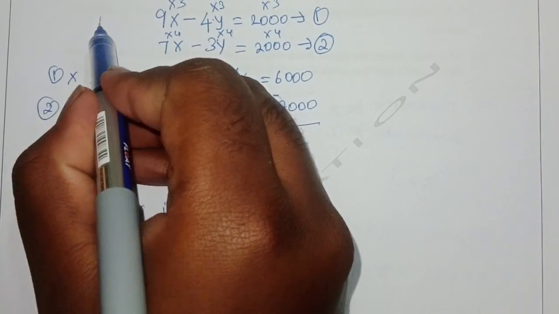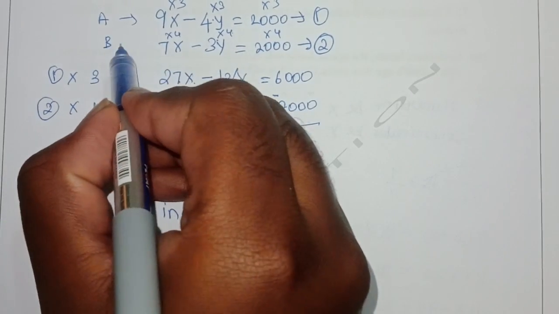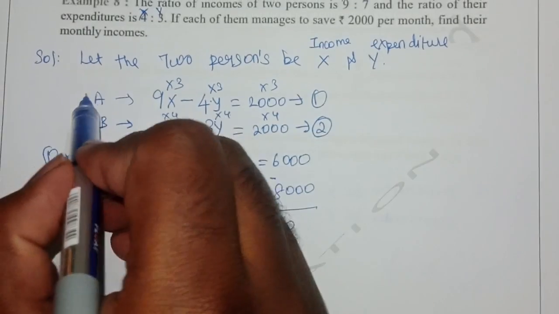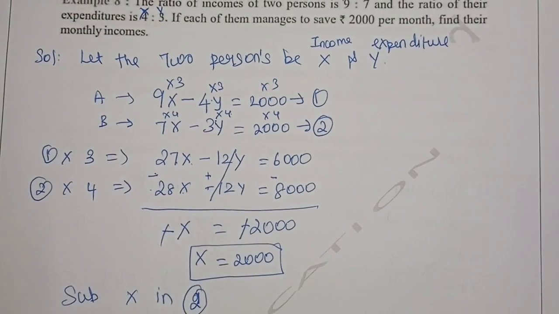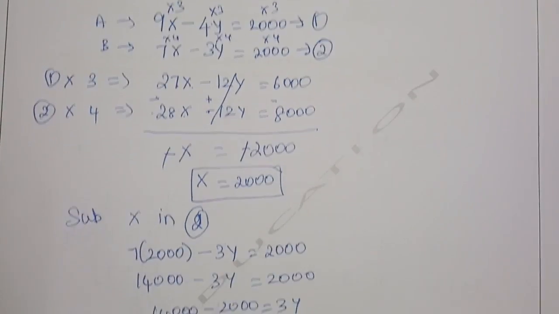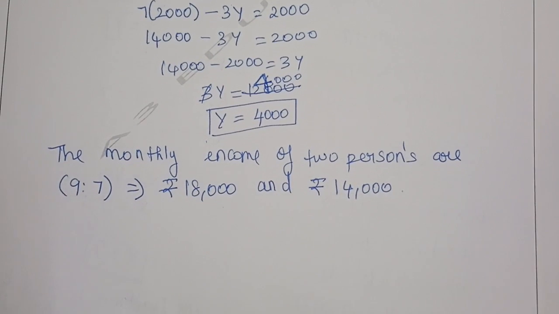This is for person A and this is for person B. Therefore, let the two incomes and two expenditures be taken as this. Therefore, the incomes are 18,000 and 14,000.